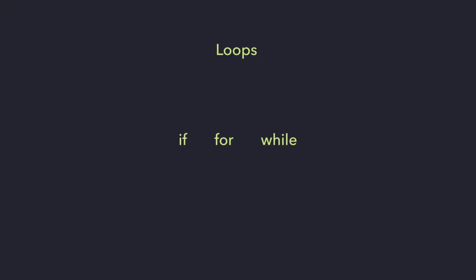First off, we have 3 main loops. There's a few others out there. I just feel like these are a great start for you, and these are kind of the most common ones. We have an if statement, a for loop, and then we also have a while loop. And you can pretty much guess how these work, especially if you remember any of your old science classes.